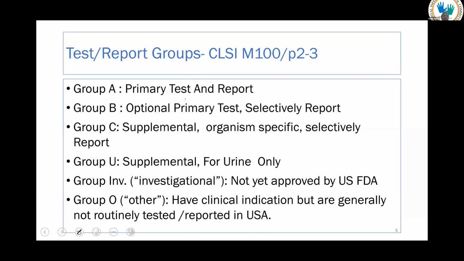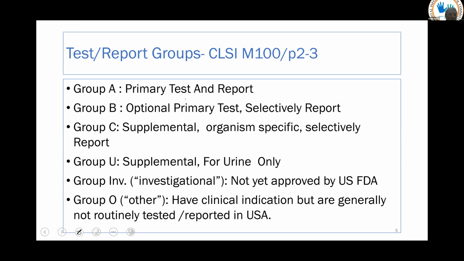This is a CLSI recommendation applicable to US-based laboratories, so depending on country-specific situations, the antibiotics under each group may vary. Let us see one by one.